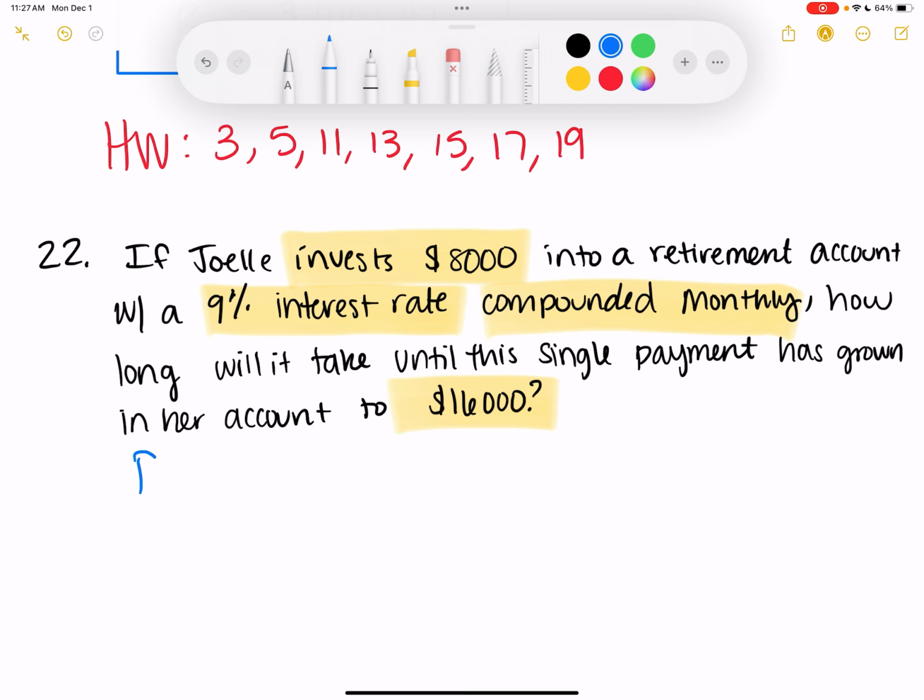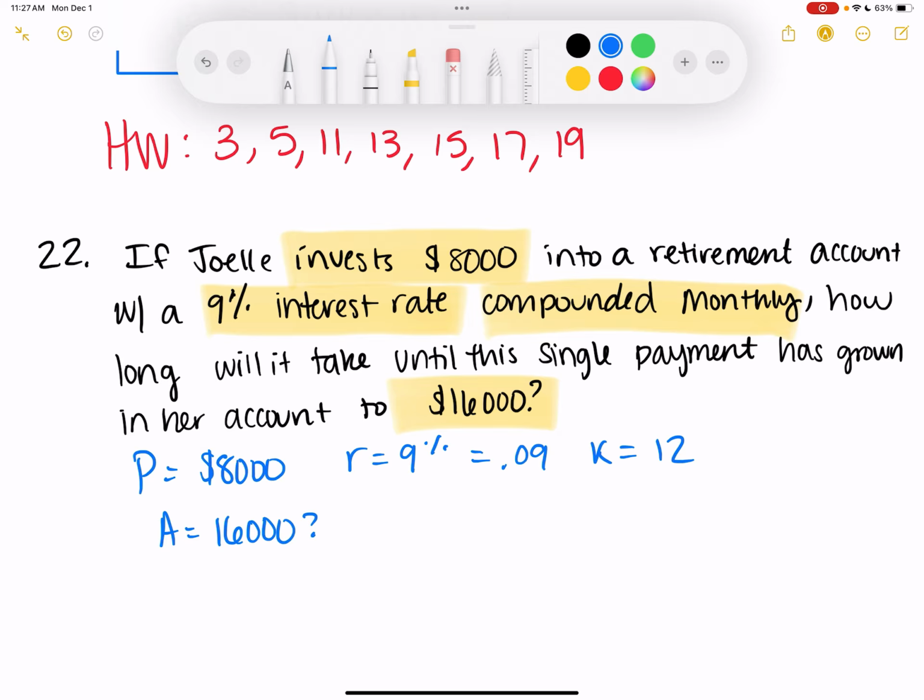The principal amount is $8,000. My R value is 9%, or I can write this as 0.09, because ultimately I need it as a decimal. K is equal to what if it's compounded monthly? 12. And then I want to know when A is going to be equal to $16,000.